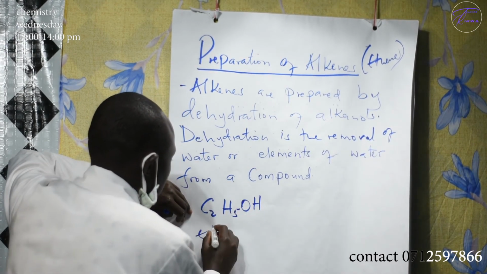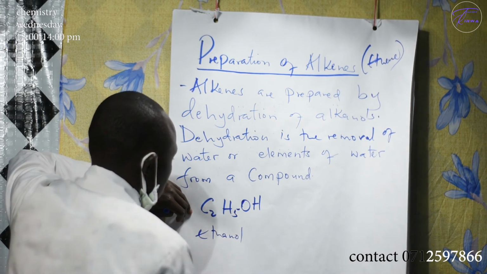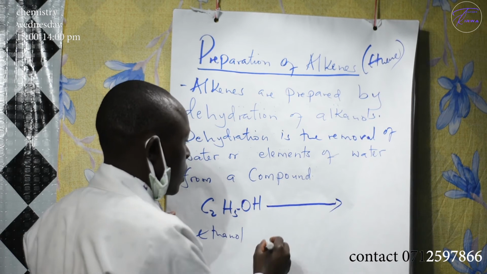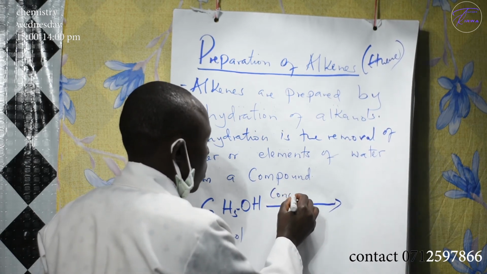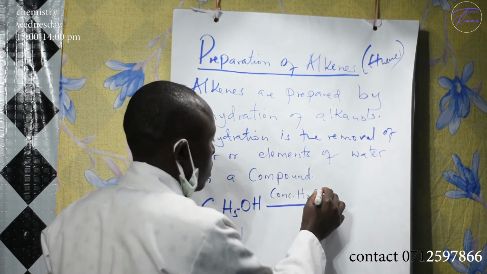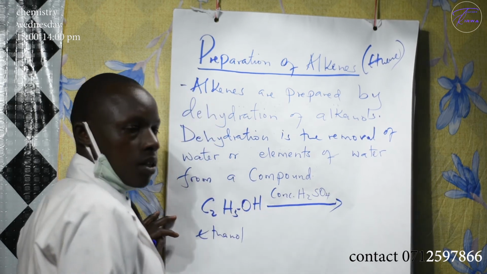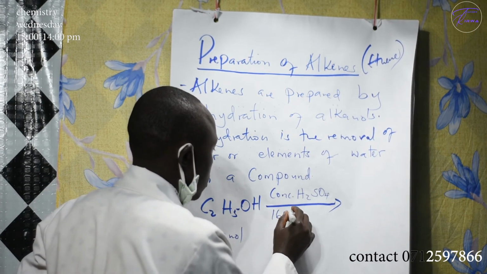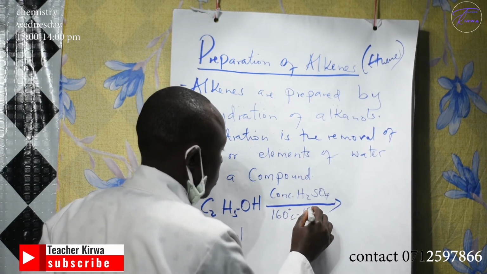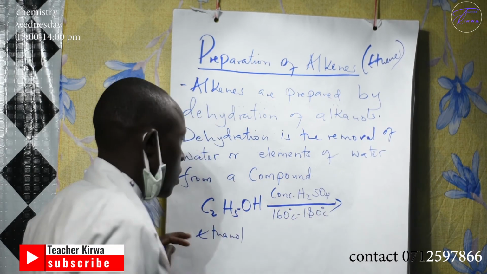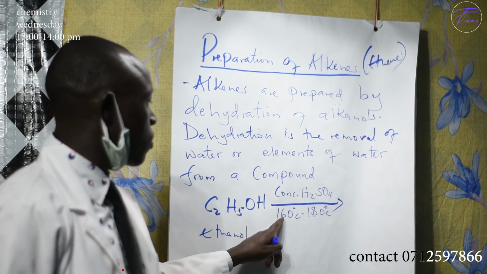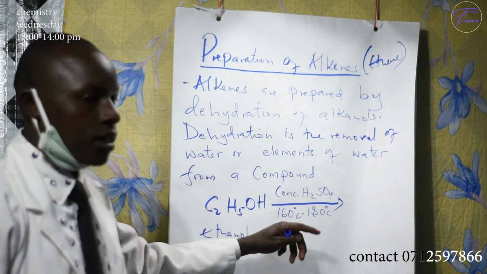C2H5OH. This is ethanol. Okay, ethanol, and then we have dehydration by concentrated sulfuric acid at temperatures of between 160 to 180 degrees centigrade.